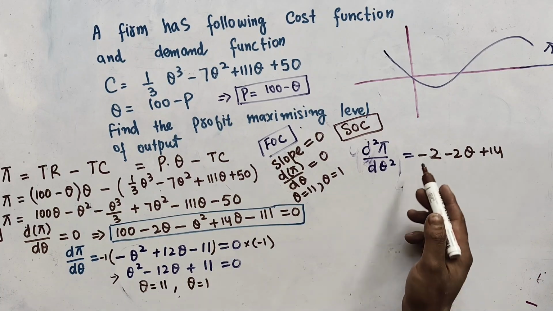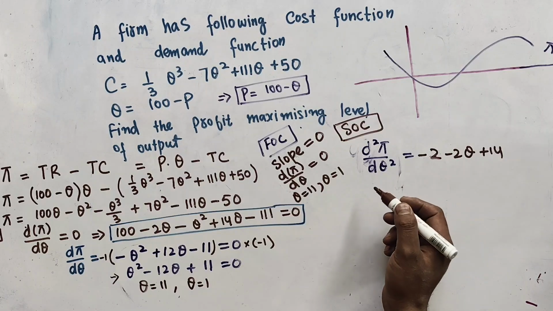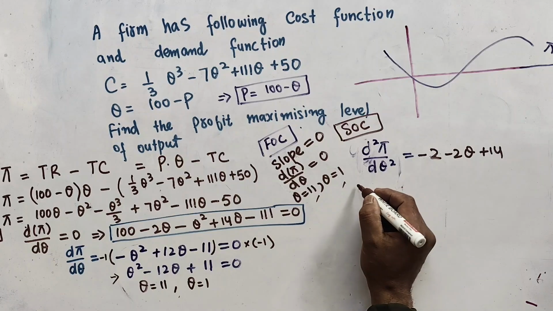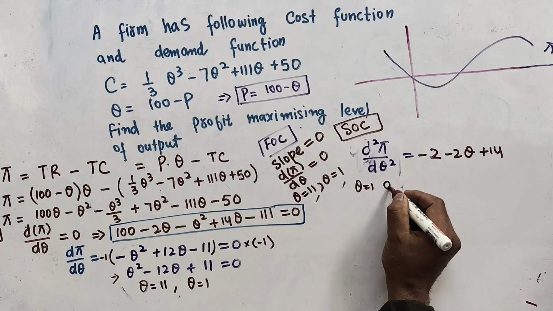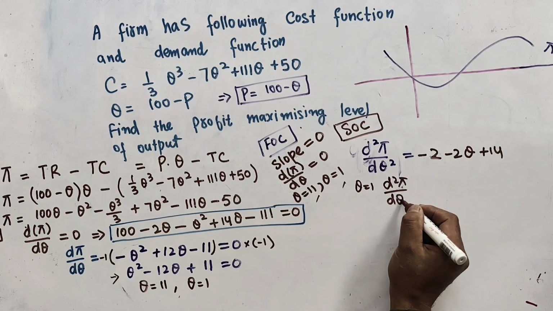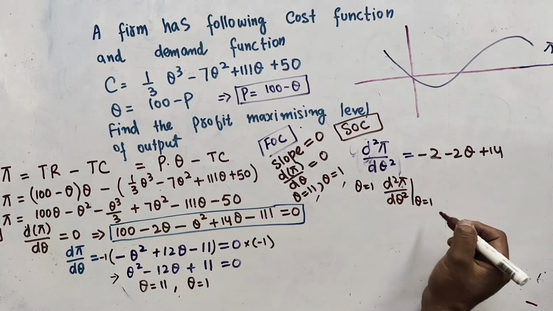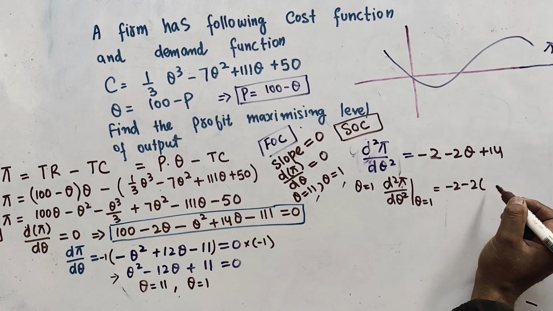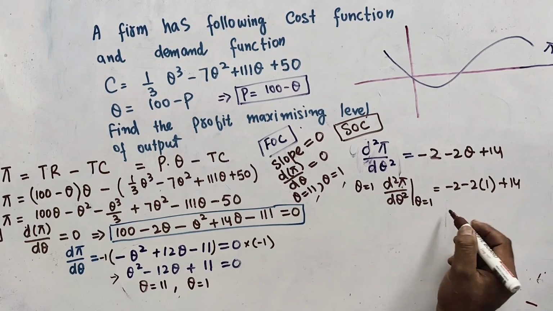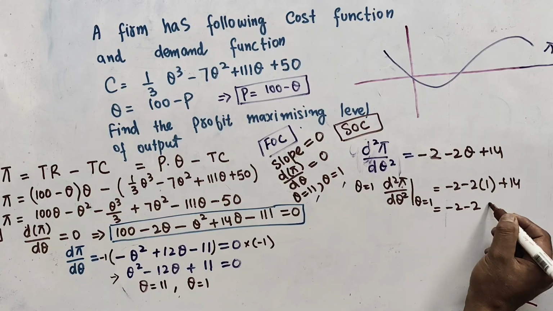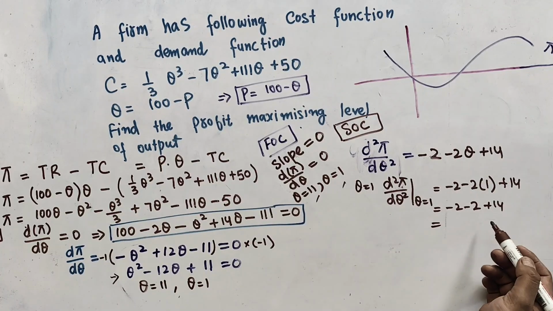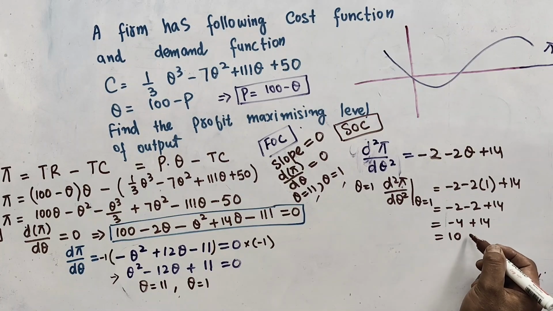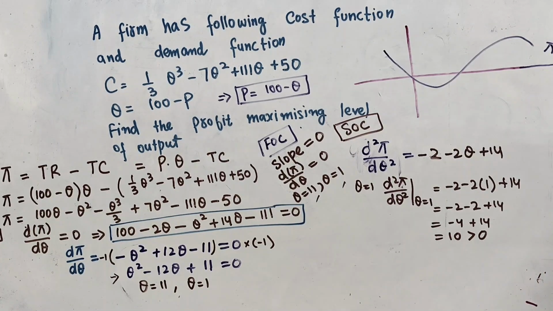Okay, now we need to evaluate it at the critical points, that is at q is equal to 11 and q is equal to 1. Let us put q is equal to 1 in this equation. That means d square pi upon dq square when q is equal to 1. Let us plug it here. So we have minus 2 times the value plus 14, so it is minus 2 plus 14, which is equal to 12, which is greater than 0.